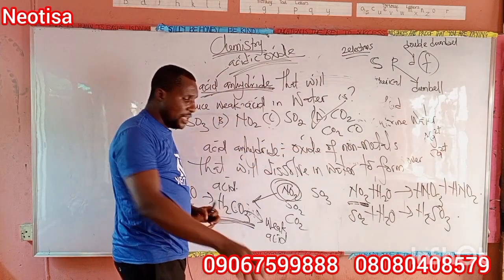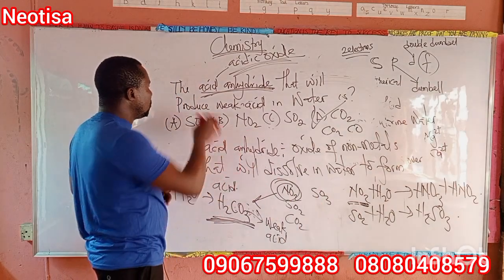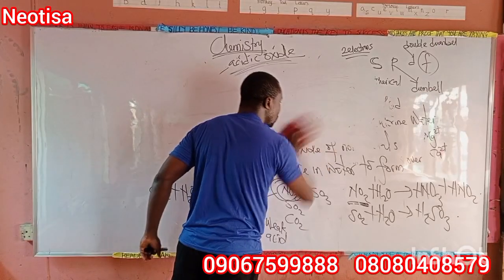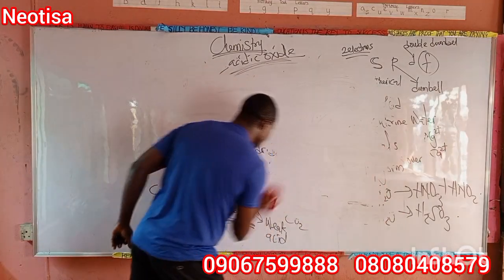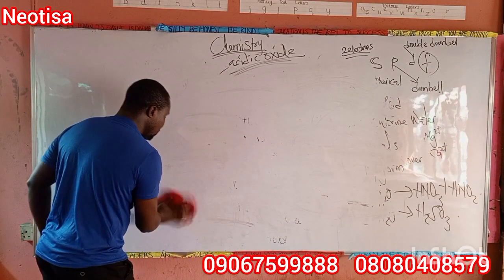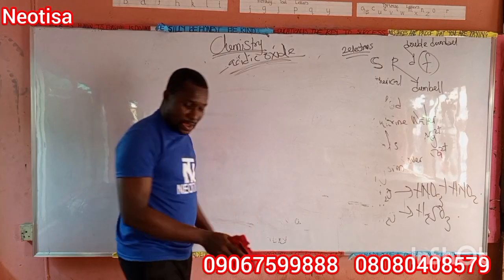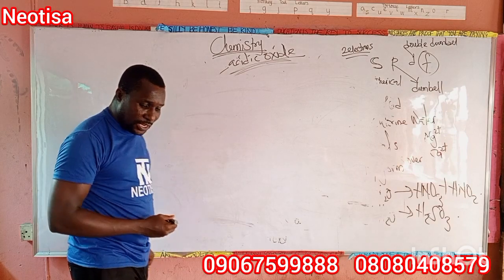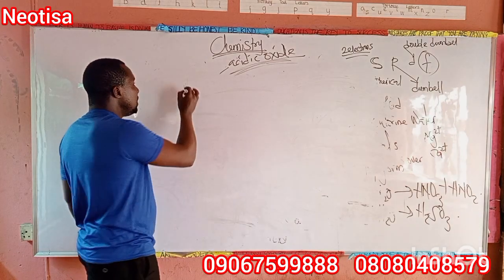Take note of that. Let us go to the last question for today. We have incomplete oxidation of ethanol yields: option A, CH3COOH; option B, CH3COCH3; option C, CH3CH2OCH2CH3; option D, CH3CH2CHO.